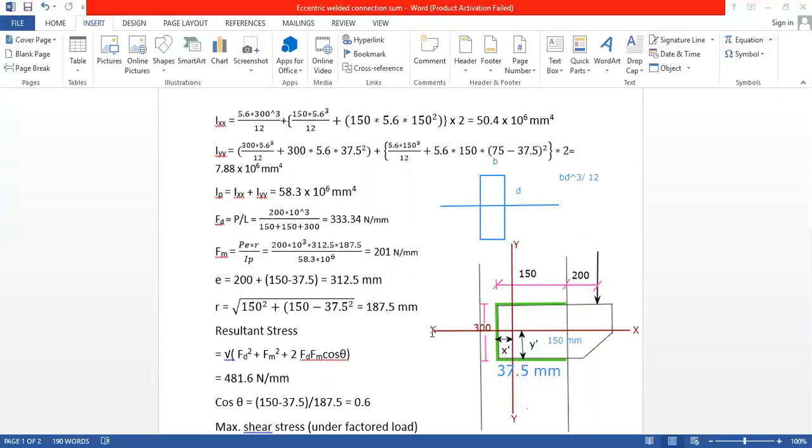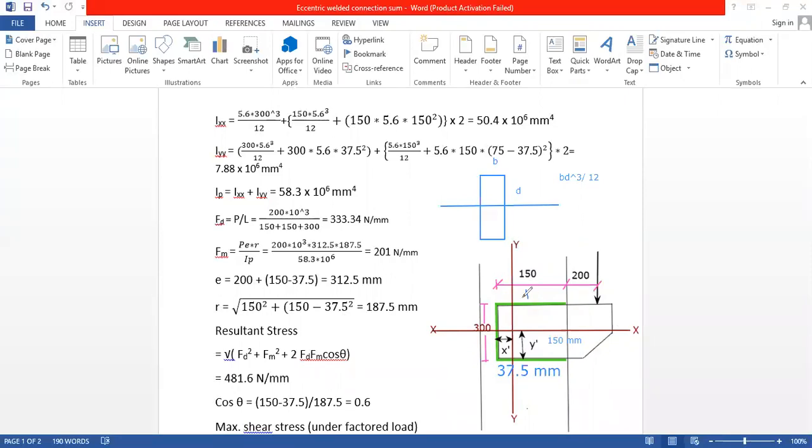Now first we are calculating moment of inertia about this x axis. So we had considered 3 strips. This is our strip 1, this is our strip 2, and this strip below is our strip 3.